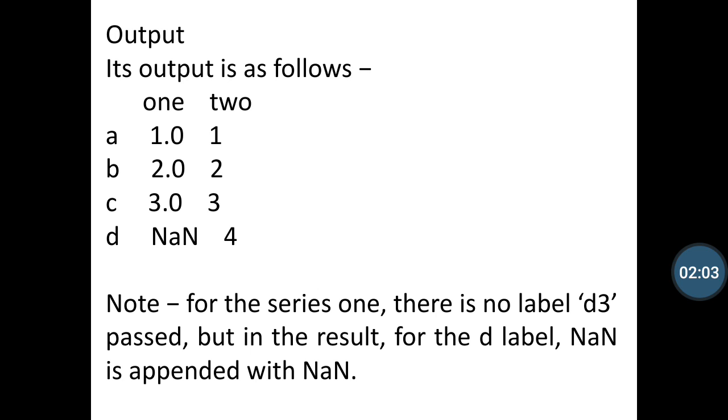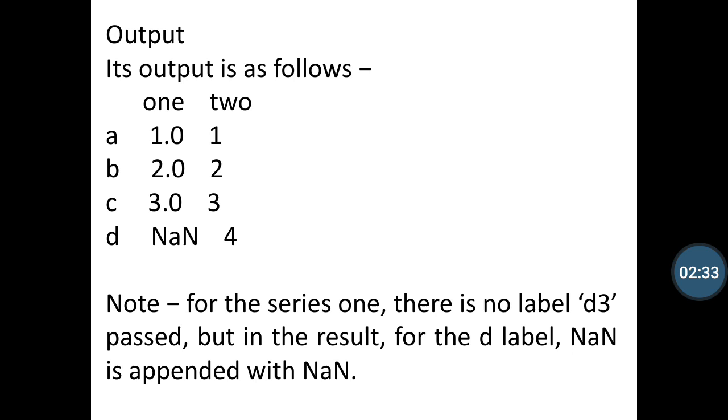So you can notice that after executing the code, the output is as follows. The index is defined as per a b c d, and the values of the first key of the dictionary are 1.0, 2.0, 3.0, and the fourth value is not contained in the first key of the dictionary, so NaN is defined here.